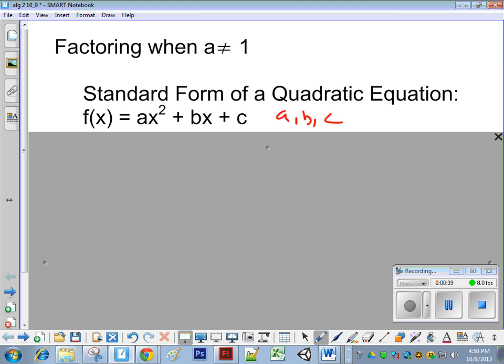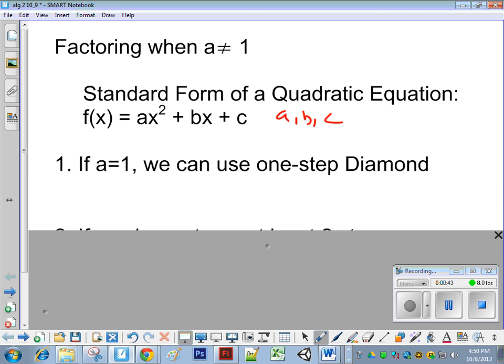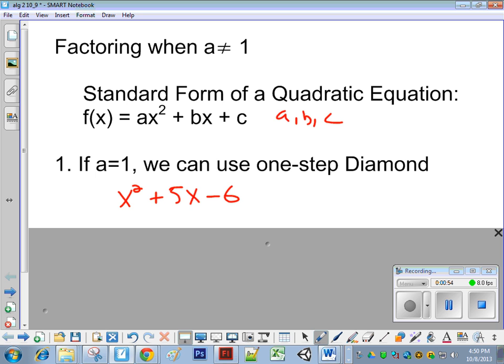Okay, so we have a few different ways we can deal with it. If a is equal to 1, we can use one-step diamond. X squared plus 5x, and I could say minus 6. I still like to say, okay, 1 times negative 6 goes to the top of the diamond.